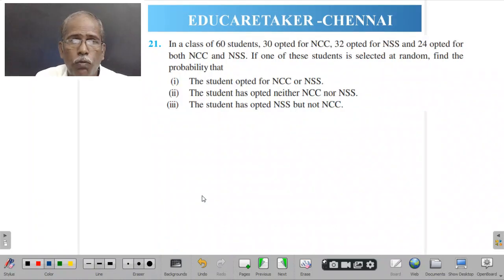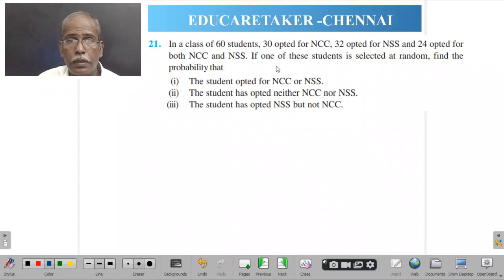Question number 21. In a class of 60 students, 30 opted for NCC and 32 opted for NSS and 24 opted for both NCC and NSS.